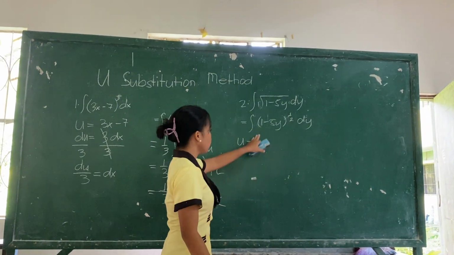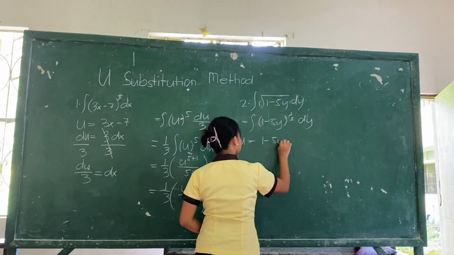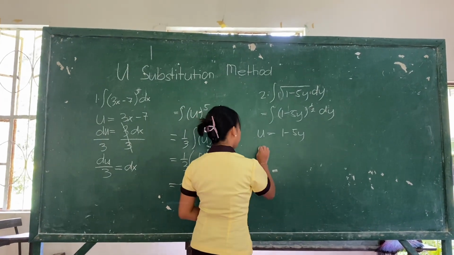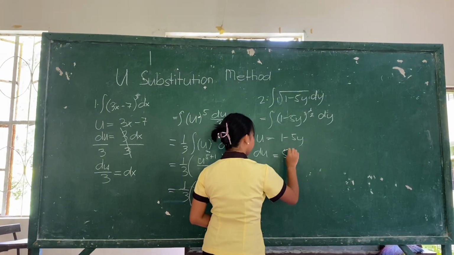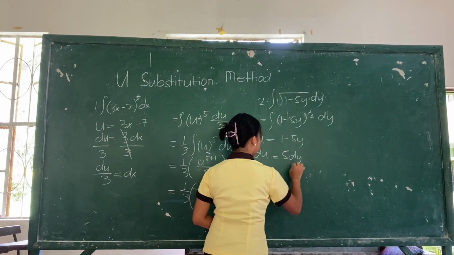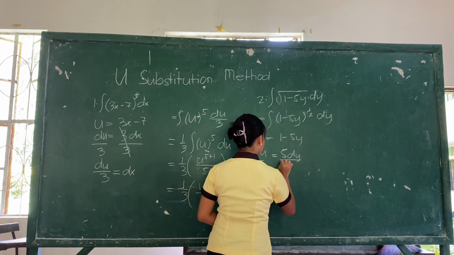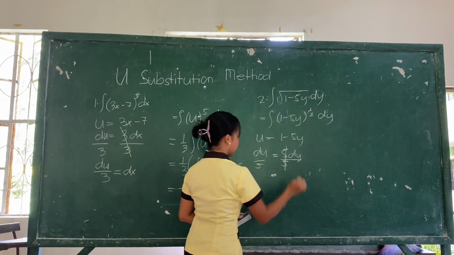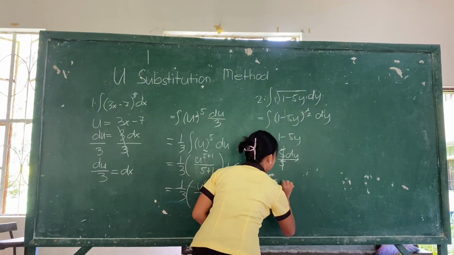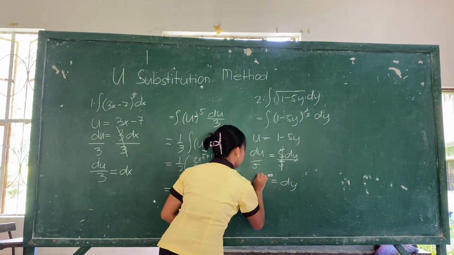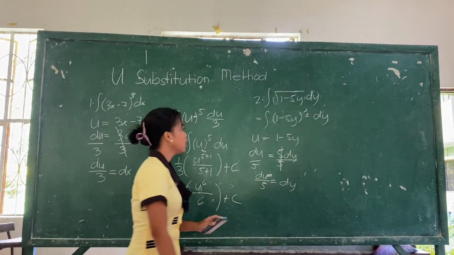We will use 1 minus 5y as our u. Next, we will find the derivative of u, which is 5 dy. Divide both sides by 5. Cancel 5. So our dy is equal to du over 5.